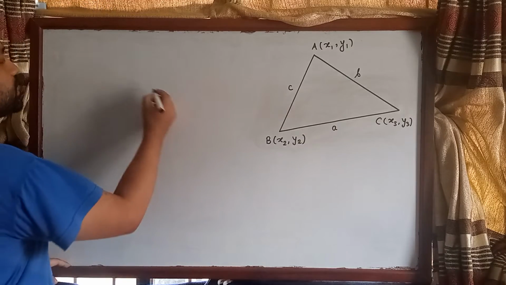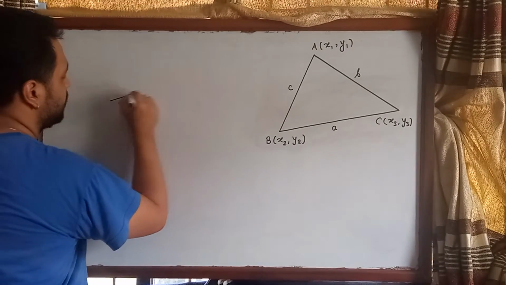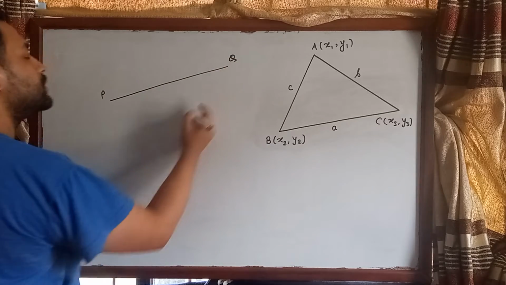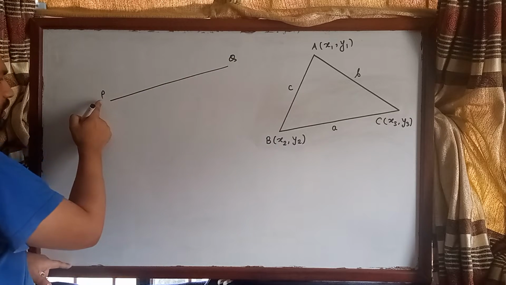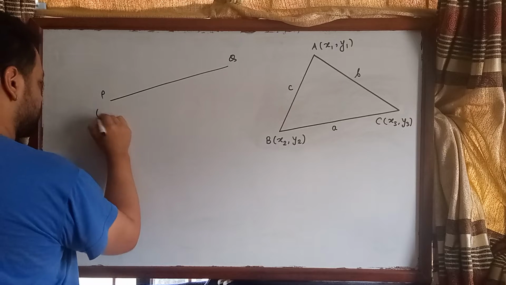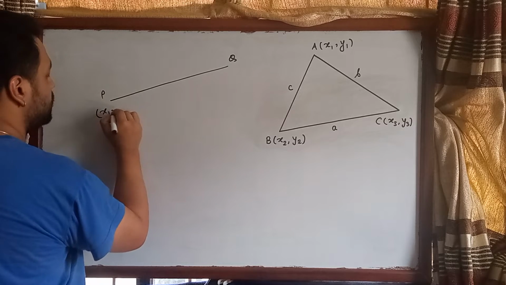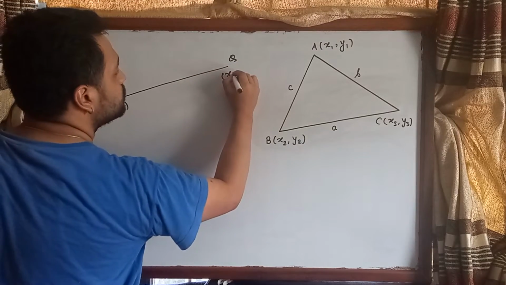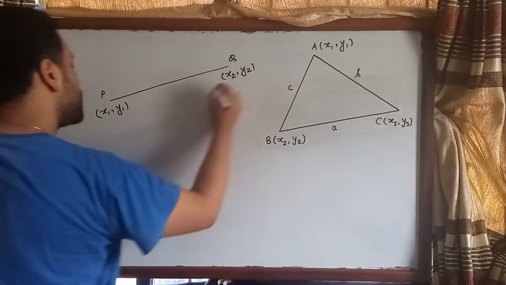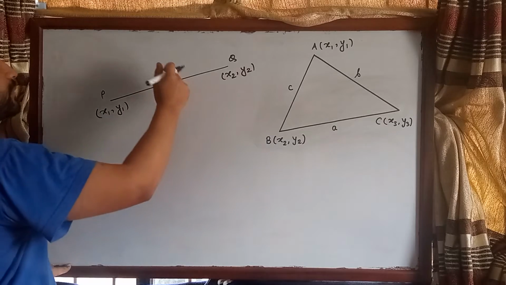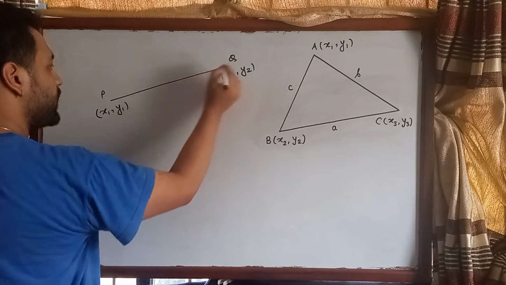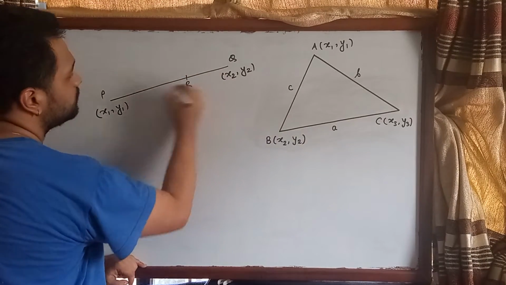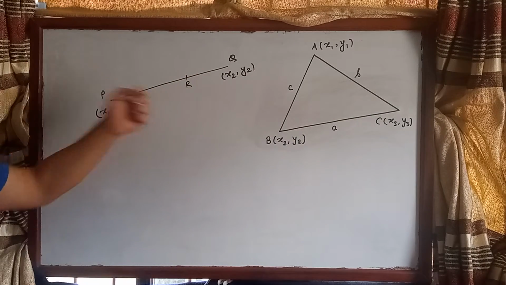If we have a line, let's say PQ, where P has coordinates x1, y1, and Q has coordinates x2, y2, and let R be a point somewhere between P and Q, somewhere over here.